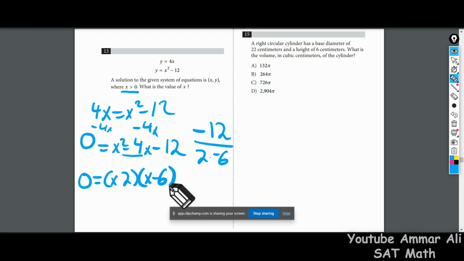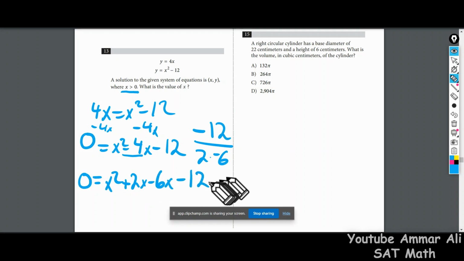I think that should be good, right? Well, actually, let me just double check that. If you don't know where the plus and minus go, we can always write it this way. We can split up the b term, so x squared is going to be plus 2x minus 6x minus 12.